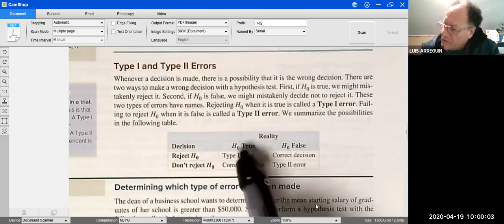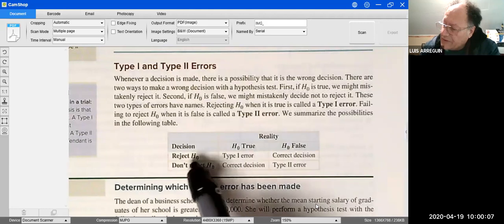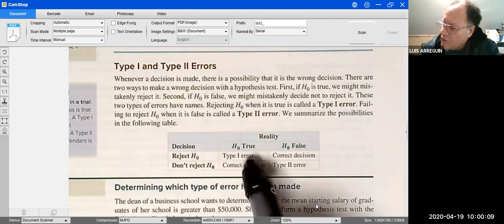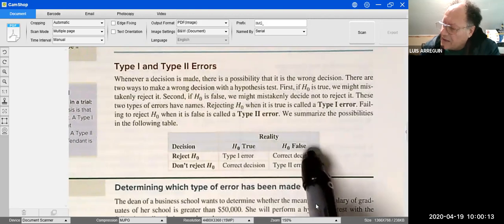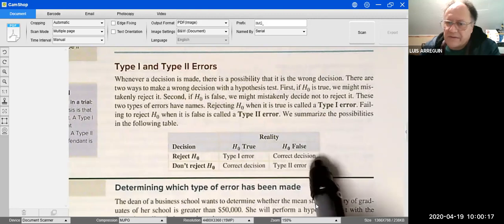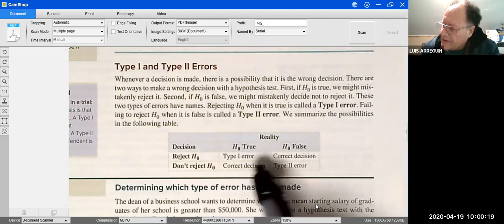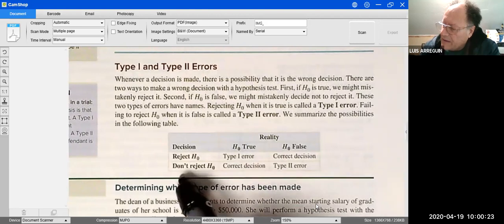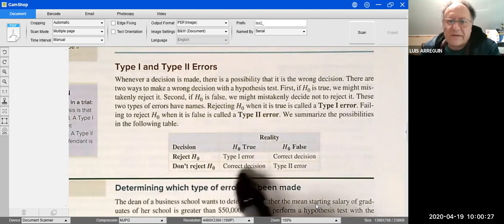Now, if the null is true and we reject it, then we are committing a type 1 error. If the null is false and we reject it, we did the right thing. It was a correct decision. On the other hand, if the null is true, but we don't reject the null, then we are making the right decision.